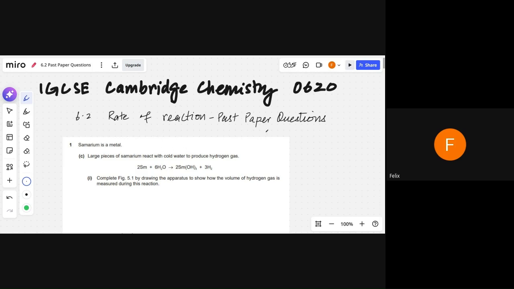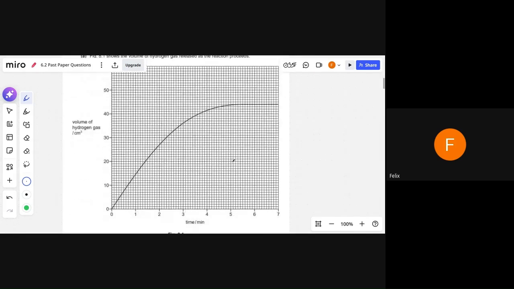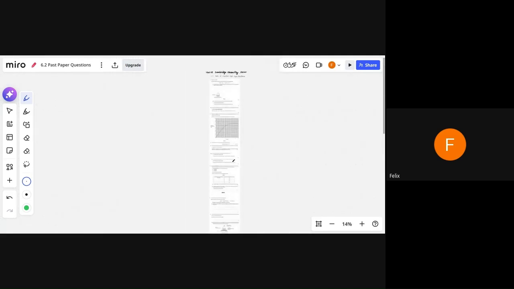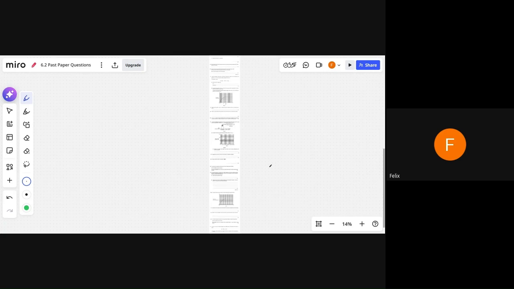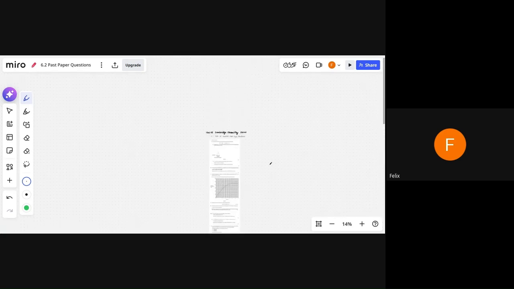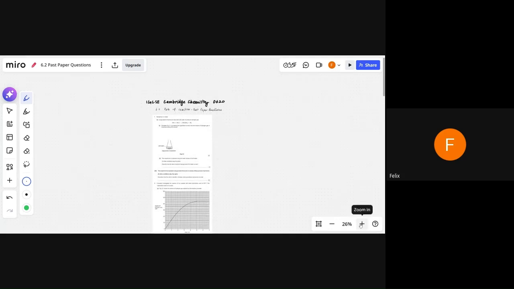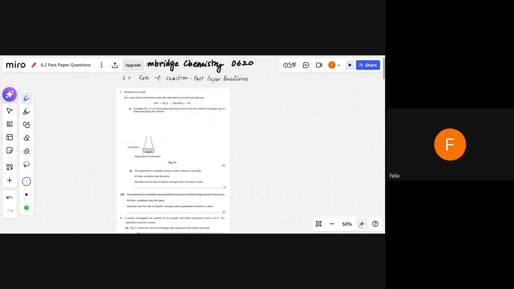So now this is the practice session for 6.2 rate of reaction, and this topic is considered to be a difficult topic. So I've included many questions, as you can see here, and I will try my best to answer most of them. If there is a repetition, then we may skip a few, but I'll try my best to explain this topic 100%, right?